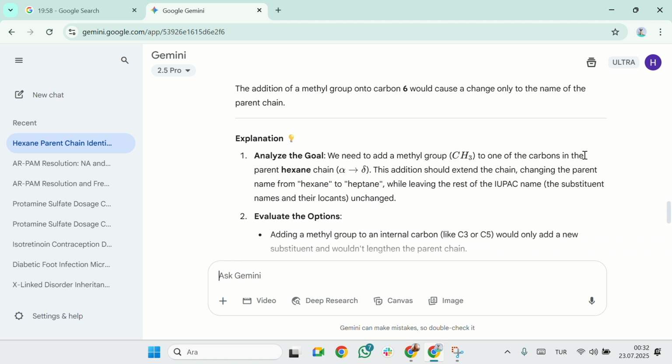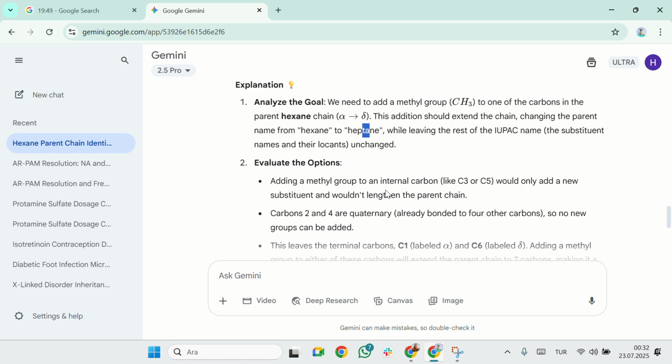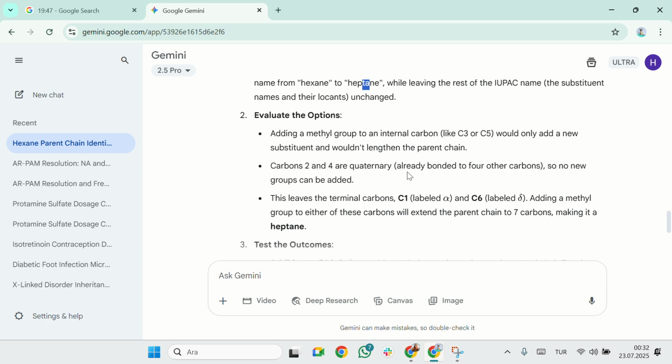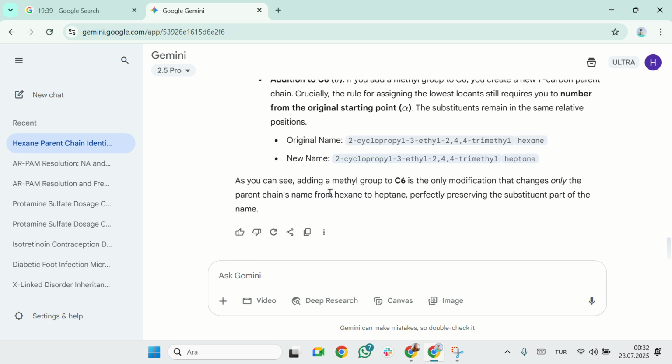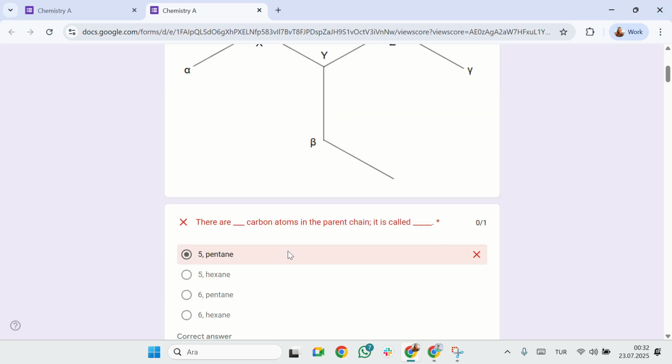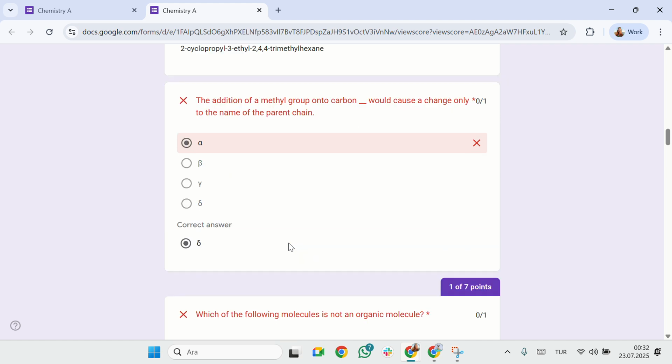We need to add the methyl group. Okay, parent hexane chain. Changing parent hexane to heptane. Okay, I got it. Well, we had the options. Test the outcomes. Methyl heptane. C6 is the only. Okay, that makes sense. I can actually understand it now.